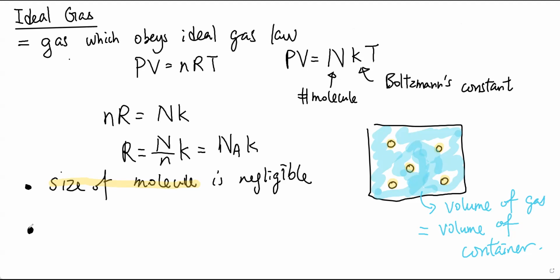Now, the second property about ideal gas is that we ignore the intermolecular force. Oh, you have learned some intermolecular force in chemistry, have you? Not no, you just ignore it.